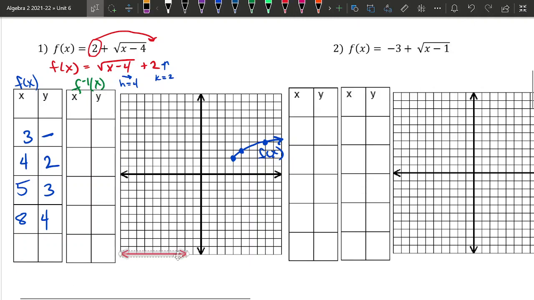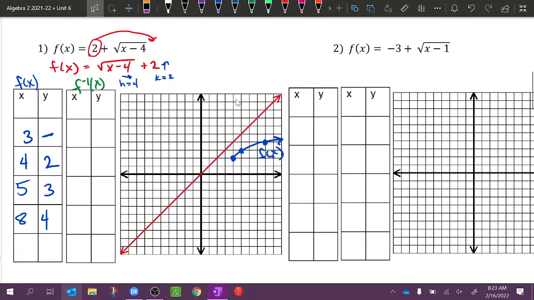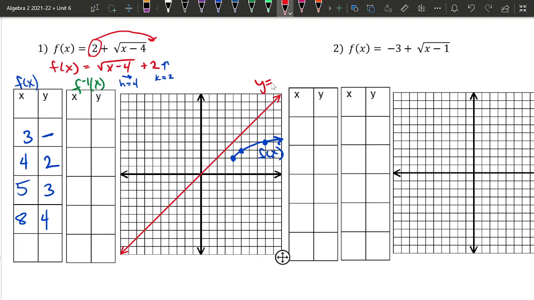It's the line y equals x. It's just a slope of 1, and it's positive, y equals x. It's the diagonal line that goes across the whole thing. This is y equals x. And that is the line of reflection.